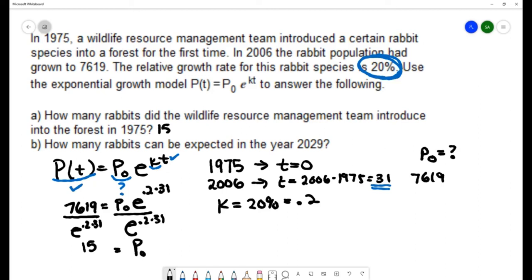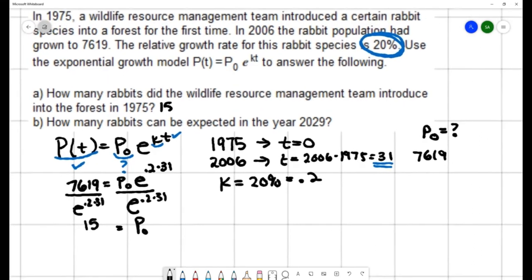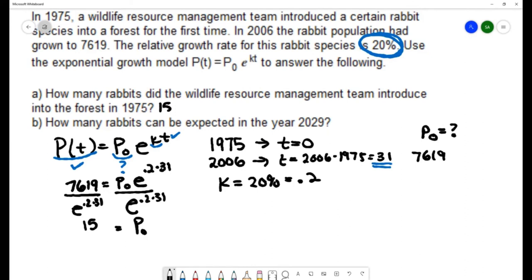And then in part B, we want to know how many rabbits are expected in the year 2029. So because I know the initial population, I can now use that in my model. And my model becomes P of t equals 15 times e to the 0.2 times t.